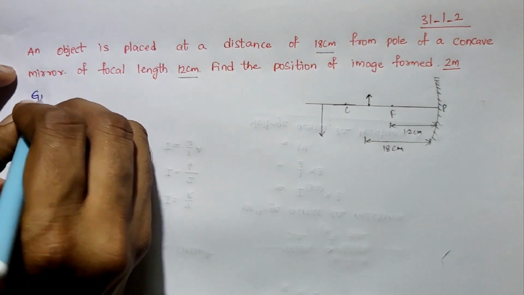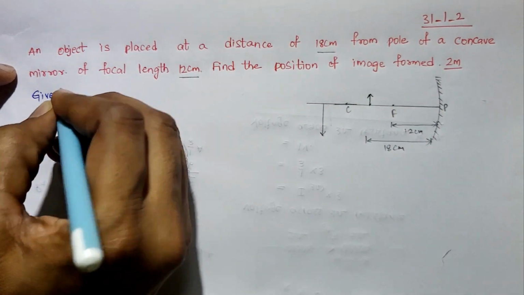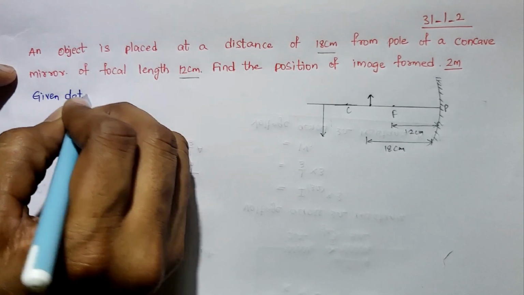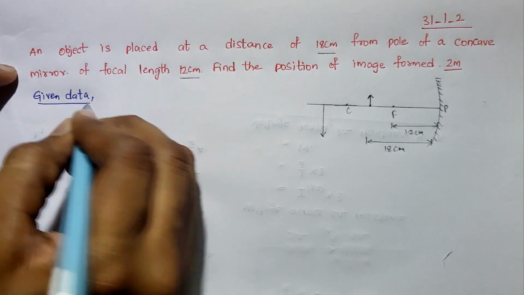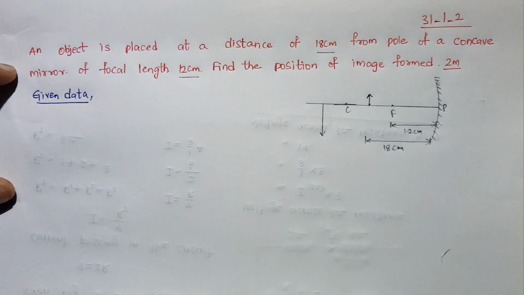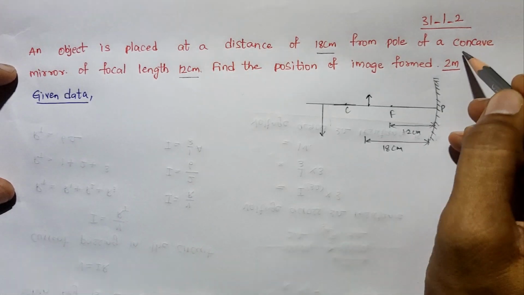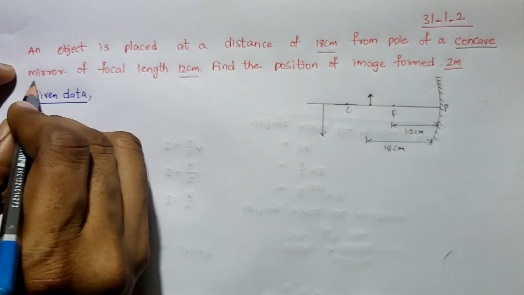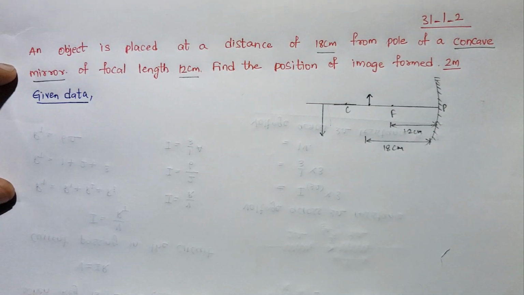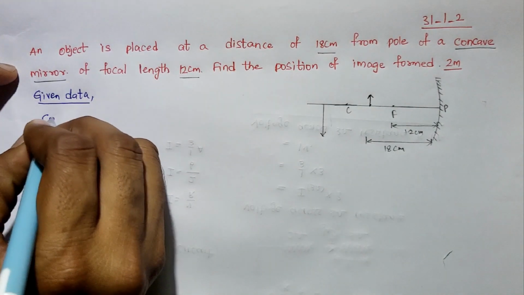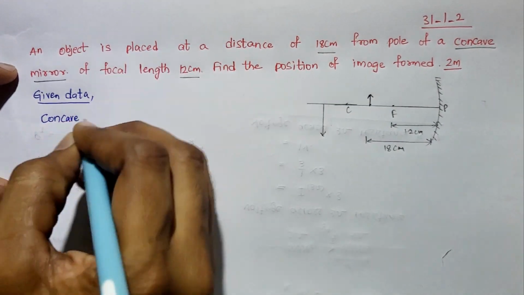Given data. When you are solving problems like this, first identify the mirror or lens. What is it that we are going to solve? Concave mirror. First write that. Why, sir? Why write it?